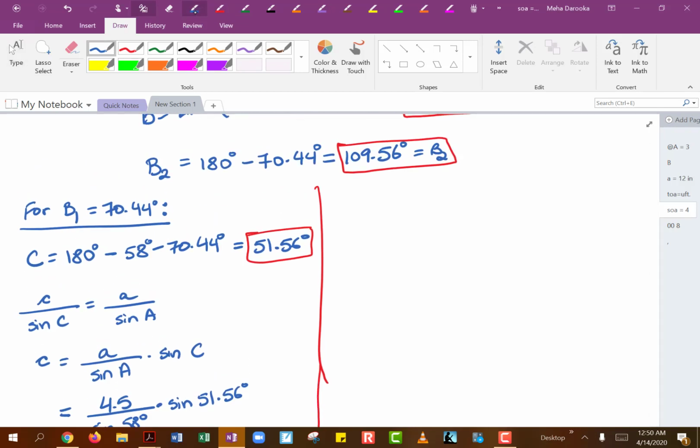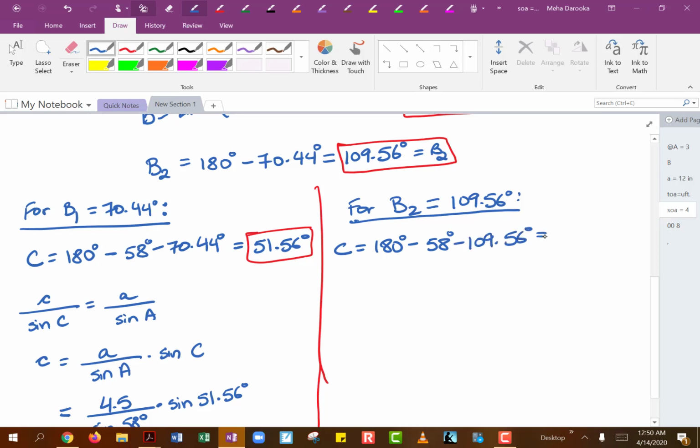Okay, but what if you were using angle B2, which is 109.56 degrees? Then angle C would be 180 degrees minus 58 degrees minus 109.56 degrees. Angle C will be a very small angle because it comes out to be 12.44 degrees.